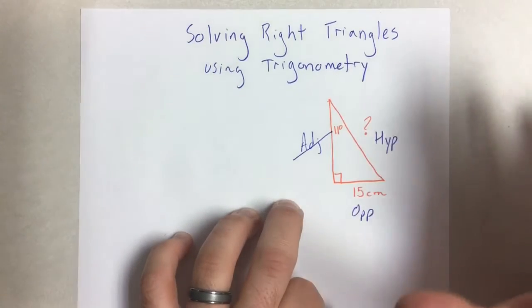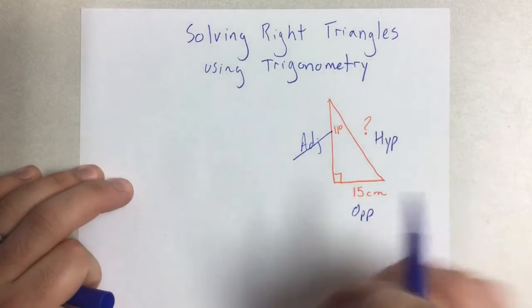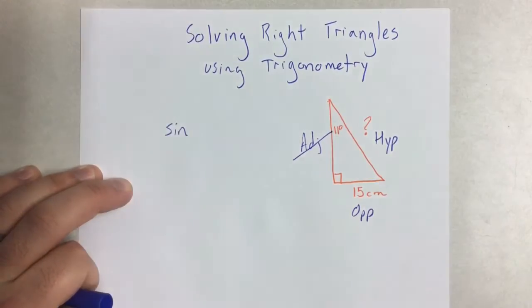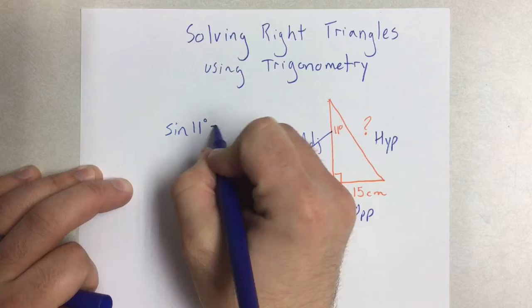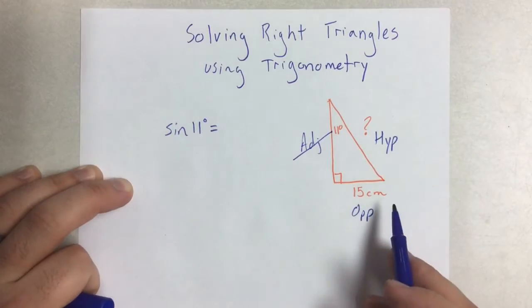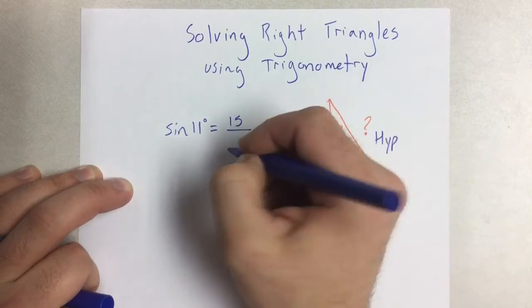So out of our trig ratios, the one that uses the opposite and the hypotenuse is the sine ratio. So we would say that the sine of 11 degrees, that value will equal the opposite divided by the hypotenuse, our unknown.